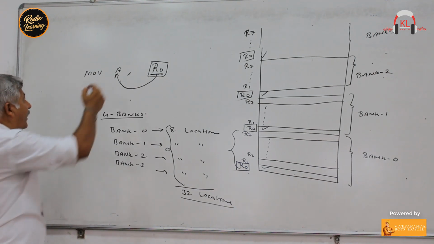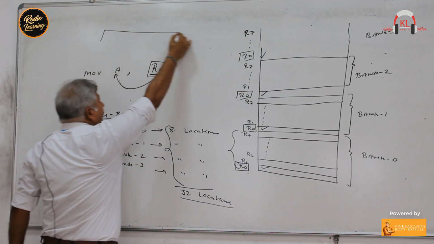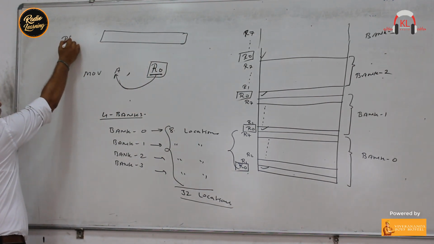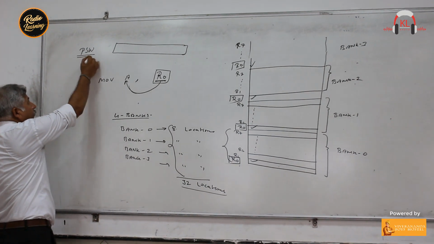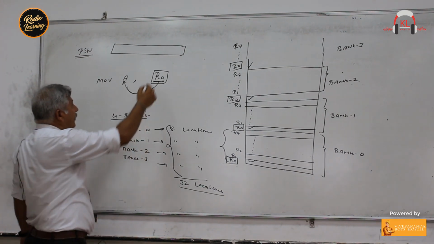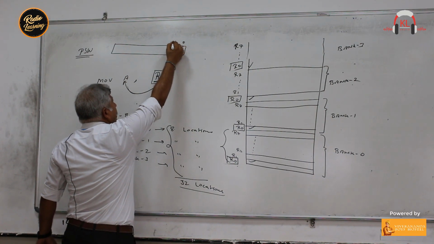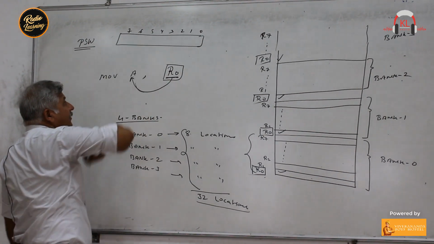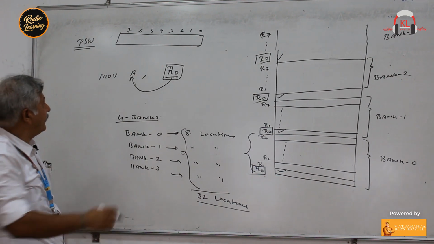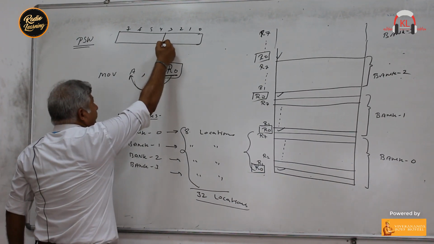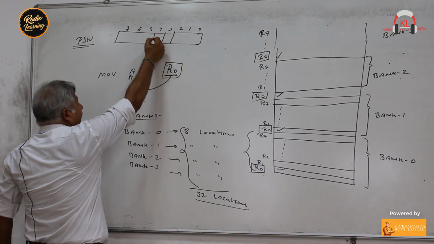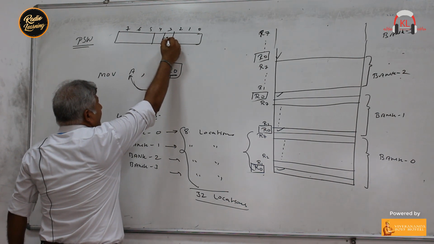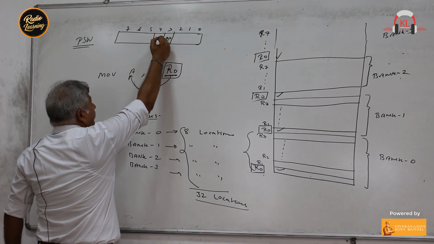There is a register inside a microcontroller called PSW, program status word. This is an 8-bit register, bits 0, 1, 2, 3, 4, 5, 6, 7. In this register, bit number 3 and bit number 4 are designated as RB0 and RB1.